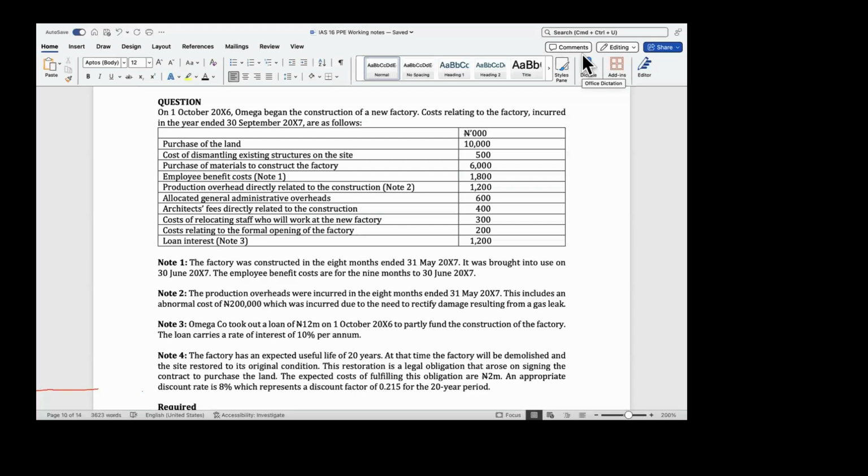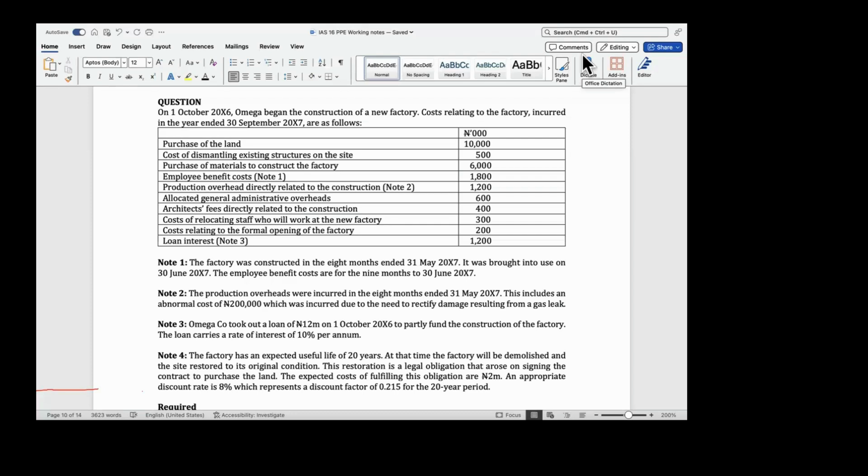It was brought into use on 30th of June 2007. The employee benefit costs are for the 9 months to 30th of June 2007. Note 2. The production overheads were incurred in the 8 months ended 31st May 2007.